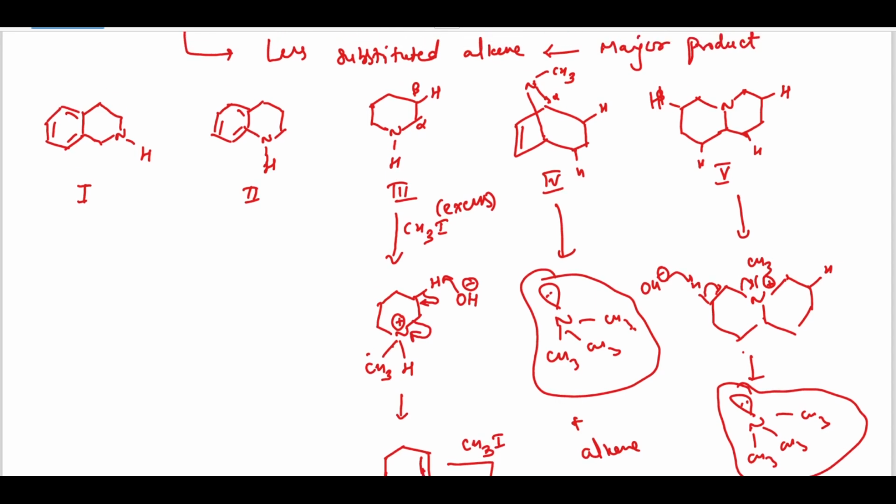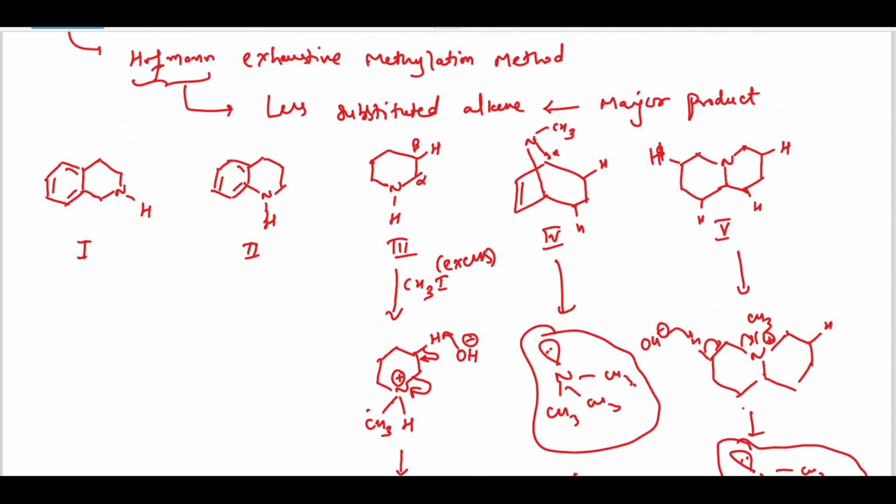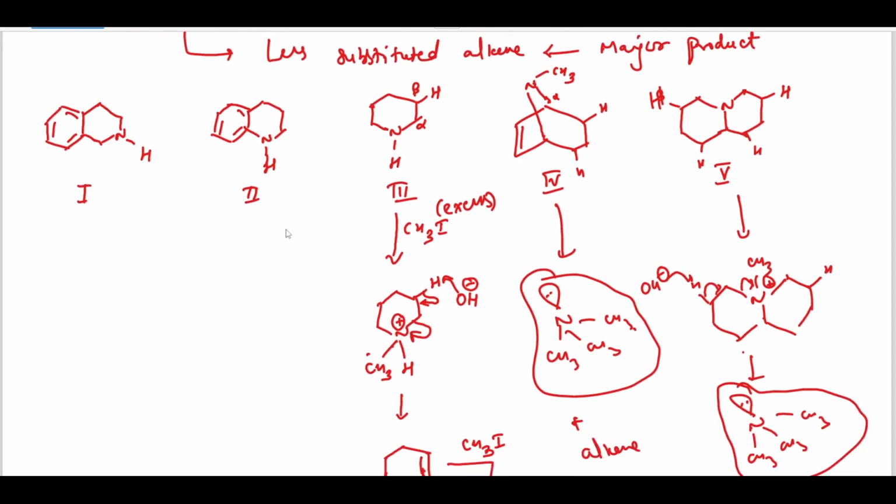Okay, now we will discuss these two cases. See, in this case, there is only one beta hydrogen. So in this case, this is alpha position, this is beta. So only one beta hydrogen is available in this substrate. But for the formation of trimethylamine, you can see there should be more than one beta hydrogen.